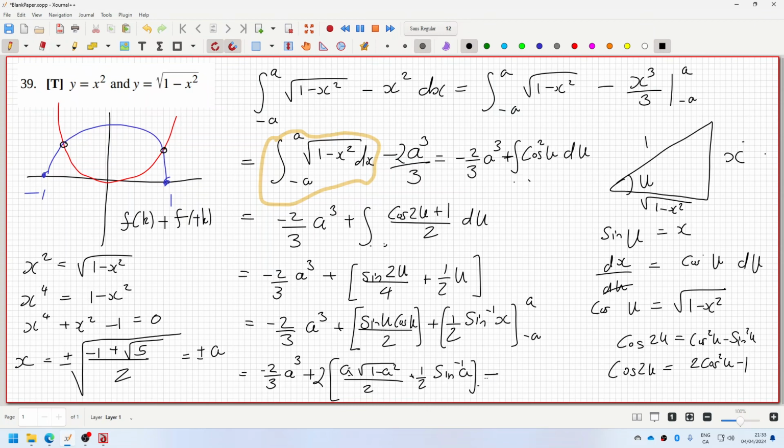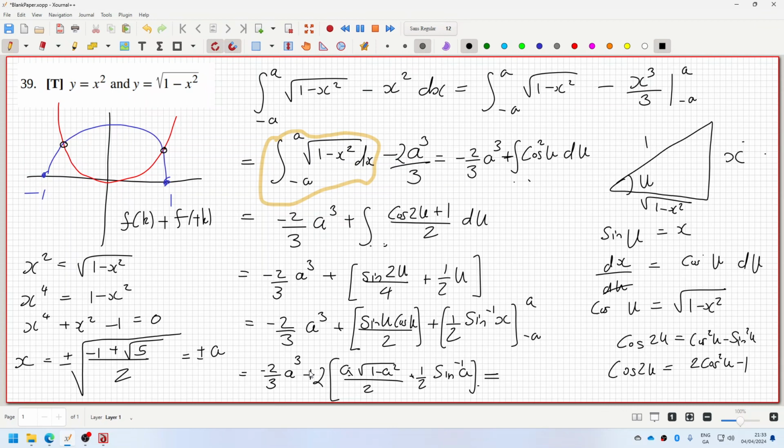So that's the answer. Once I sub in the a, it should be about 1.066. Let me see. Root minus 1 plus root 5 over 2.